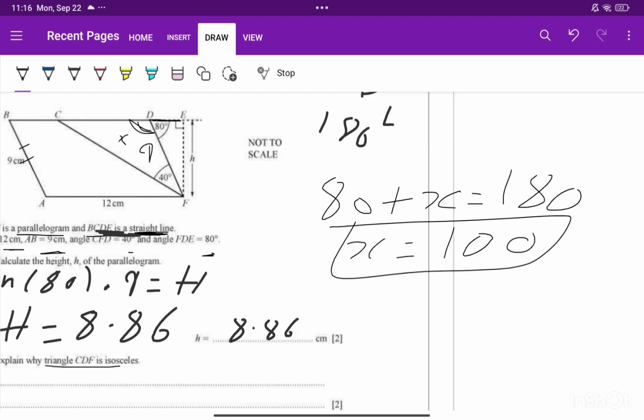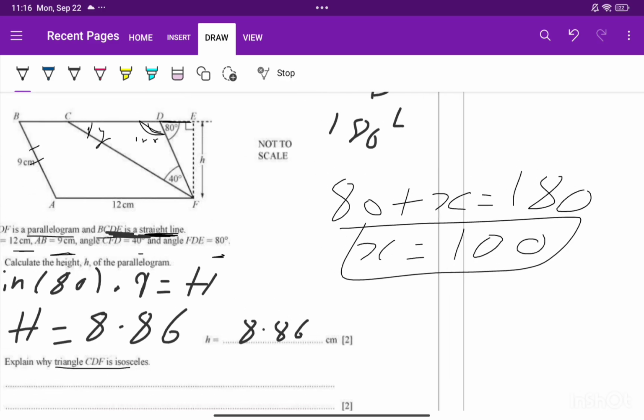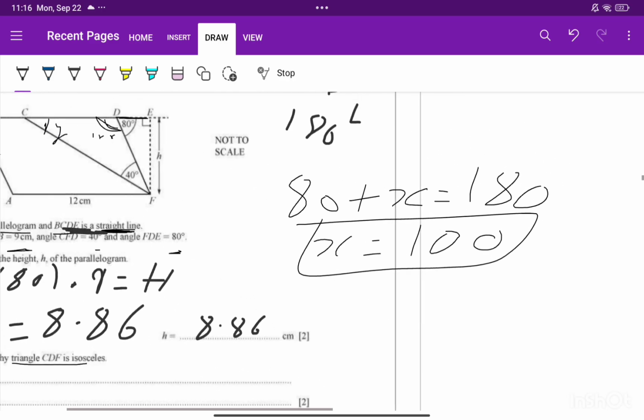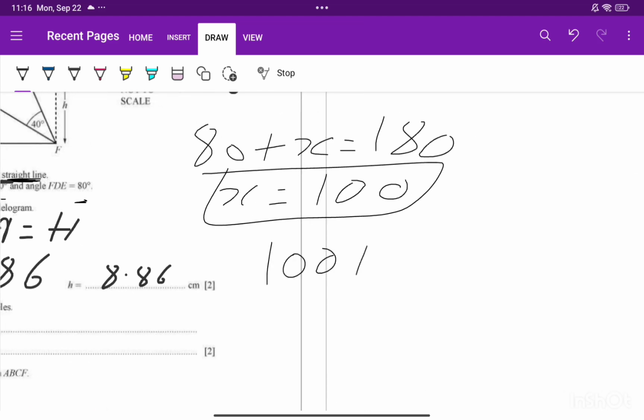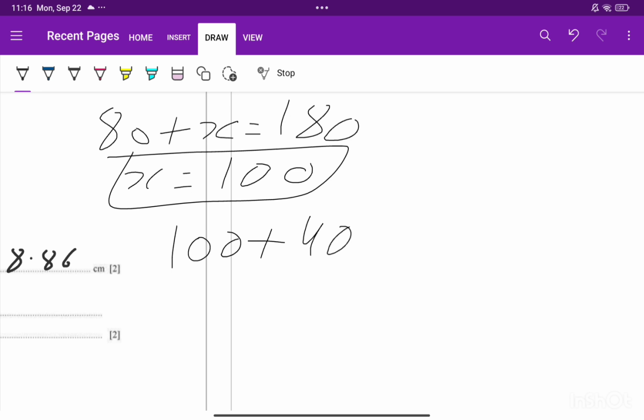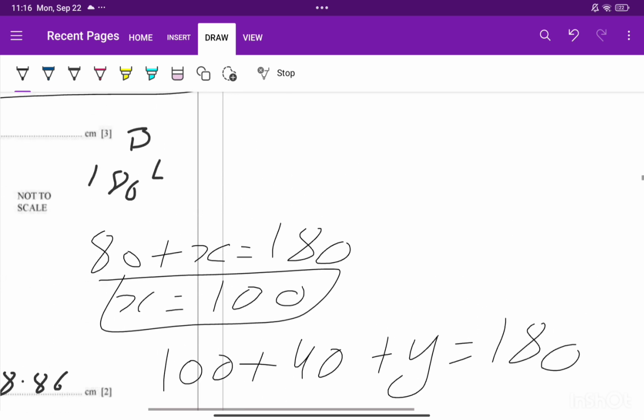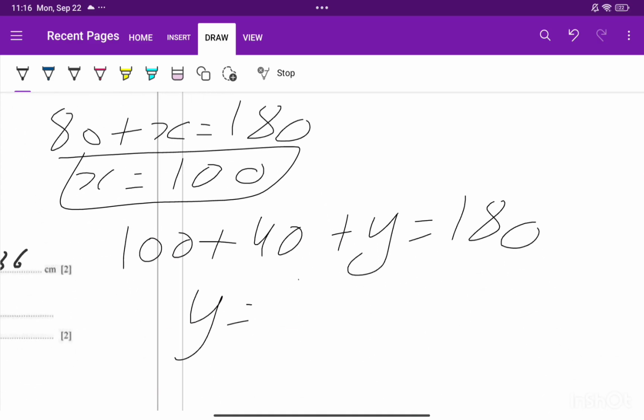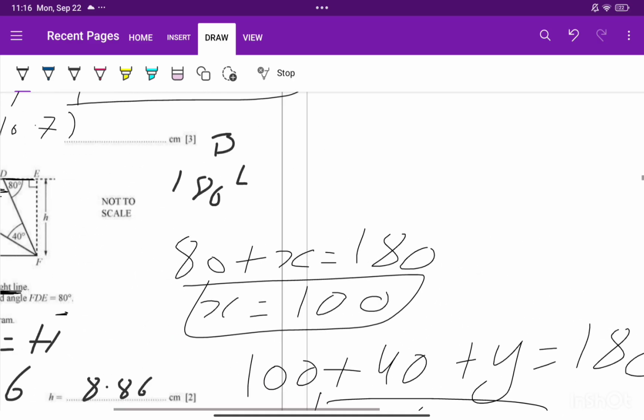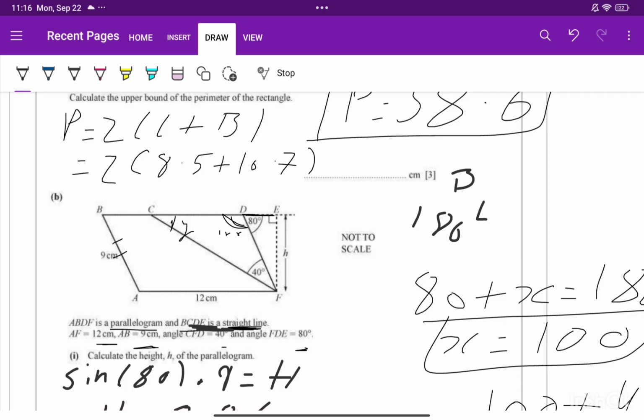And now we can calculate this angle. For example, this angle is Y. As we know, the sum of all angles in a triangle is 180. So it will be 100 plus 40 plus Y is equal to 180. So Y will be 40.